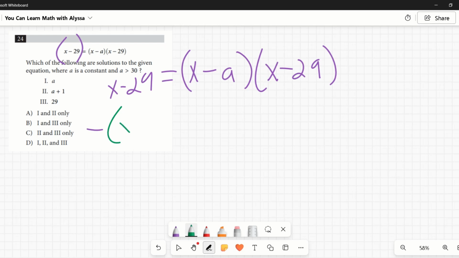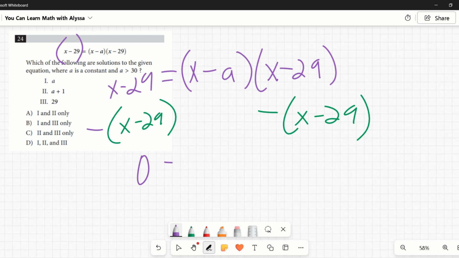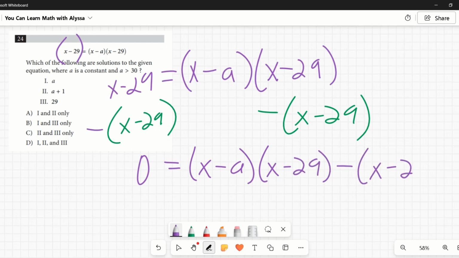And so they say minus x minus 29 on both sides, and then you get 0 is equal to x minus a times x minus 29 minus x minus 29. Now, this is where it gets a little unusual, I think, for some people.